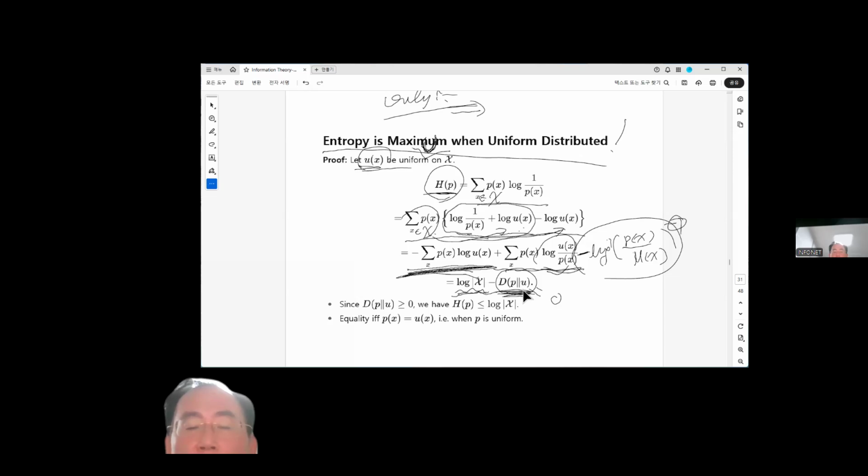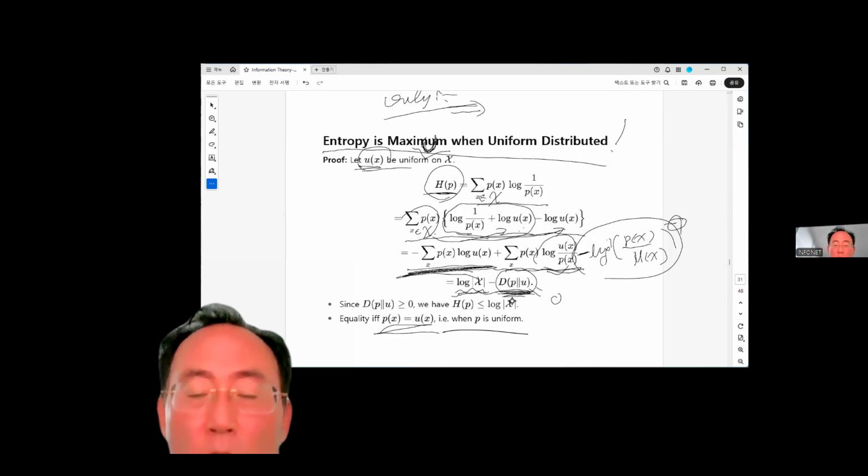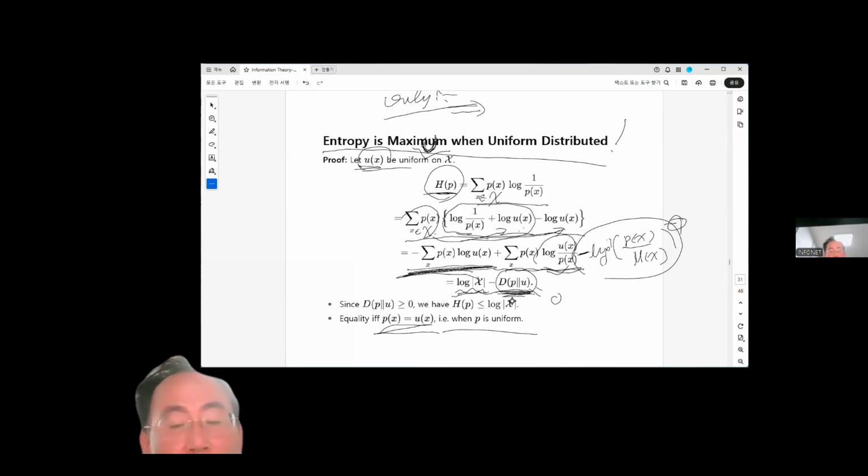That part being 0 means relative entropy is 0, which means P is uniformly distributed. So equality is met if and only if P_x is equal to U_x, that is, when P is uniform. So I think I'm done proving.